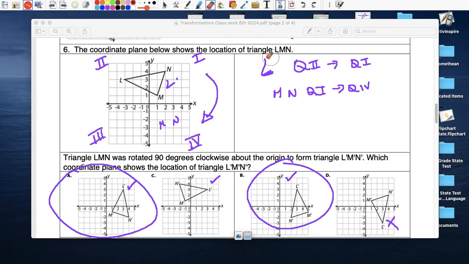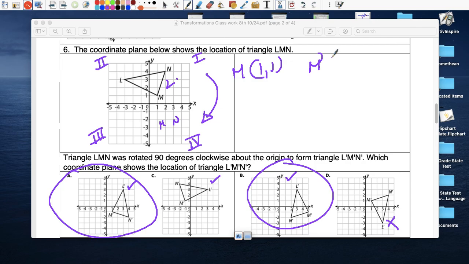So I need some points. Let's look at point M. Point M is (1, 1). Point M prime, so think about this. Remember what we did in class. We switched the numbers.